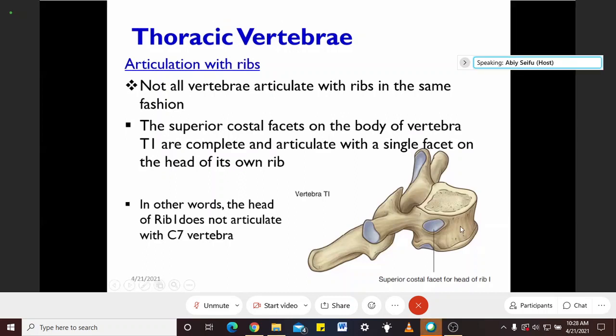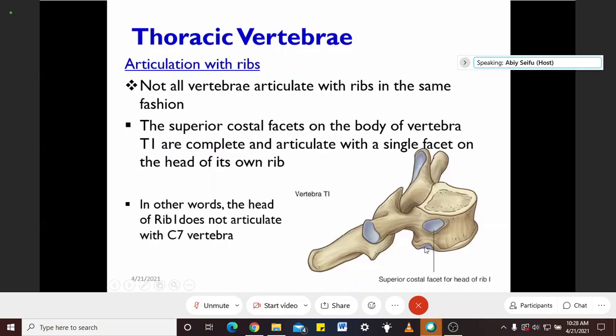But in this case, the T1 rib is articulated only with a single vertebra, which is T1, because it contains a complete facet. I mean, demifacet means half or semi.